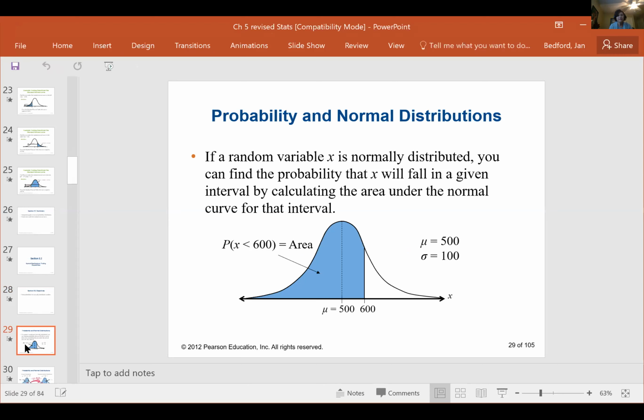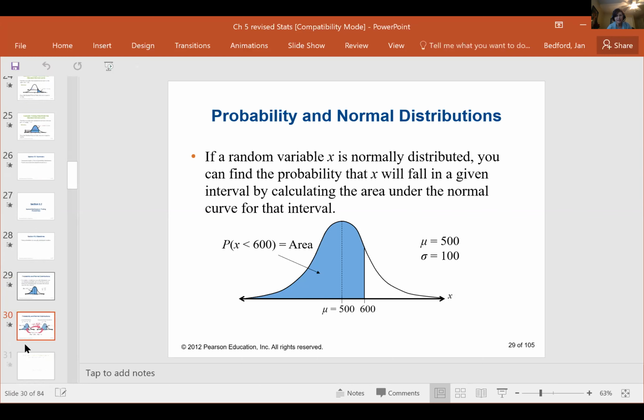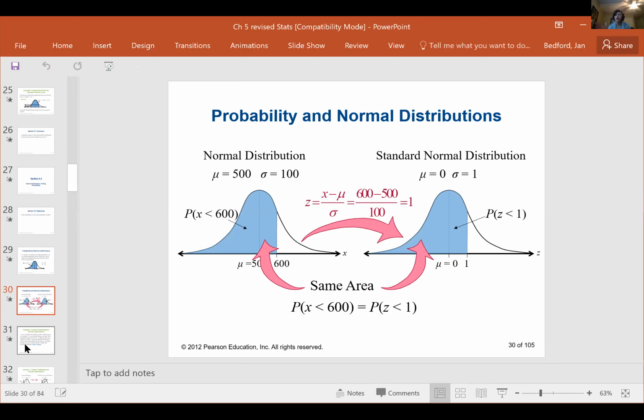So if we wanted to find the probability that X was less than 600, and we knew the mean was 500, and we knew the standard deviation is 100, that's our raw data, right? It's not a Z-score. It's not been standardized, but it's raw data. So here's what we could do. We can take it and turn it into a Z-score by taking the X value minus the mean, and just so I can be sure you're seeing what I want you to see here, that means right here is our formula, okay?